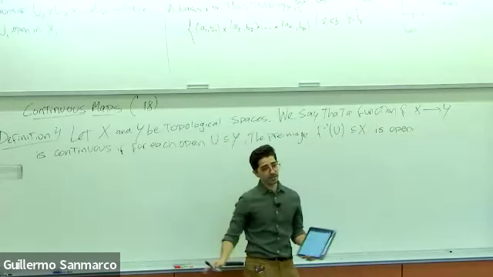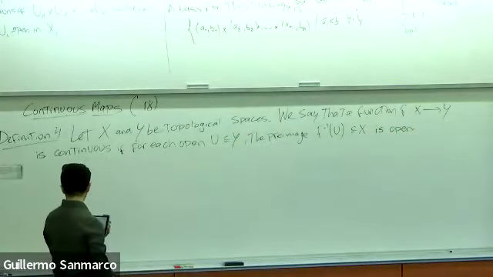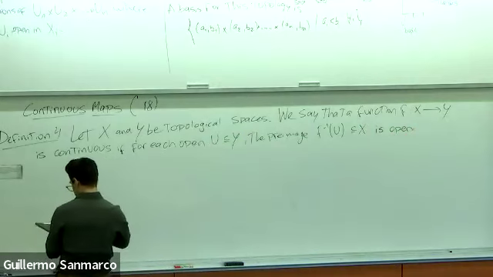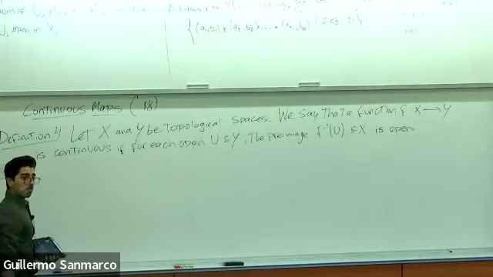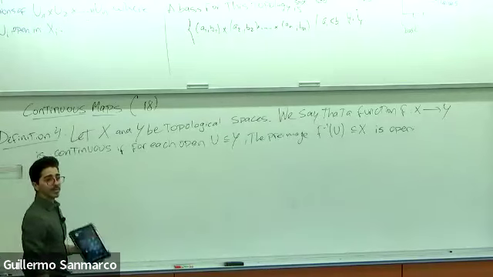Remember, open just means an element in the topology. I completely understand if this sounds arbitrary. Next time, we'll start the class with a proof, with a theorem, explaining why this makes sense.